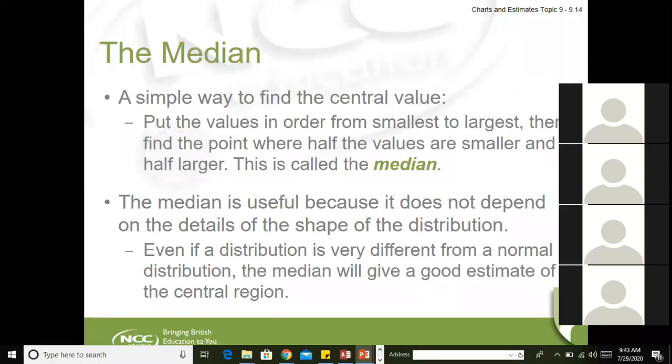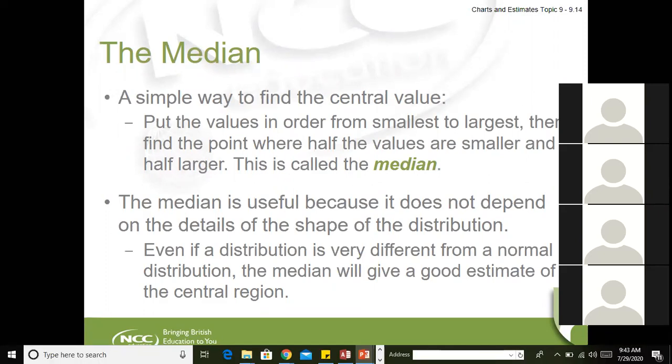So we have the central value, then there's the median. What is the other word for the median? Remember we did this.